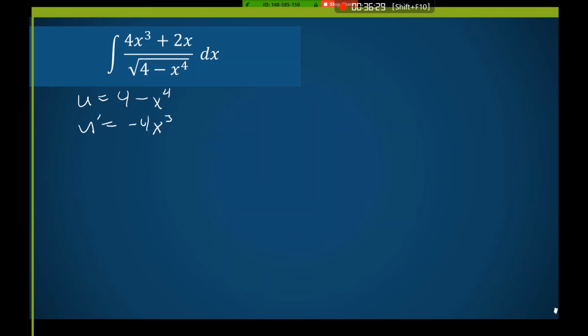Okay, so I will need to break this apart into two separate fractions. I do have a positive 4x cubed, so what will my first fraction be? Negative times the integral of negative 4x cubed over root 4 minus x to the 4th power. Okay, that's fine.